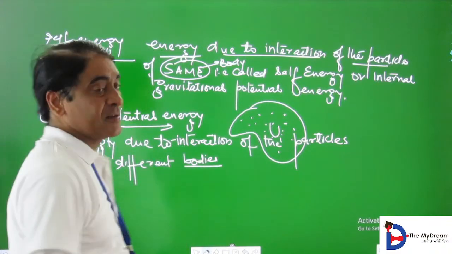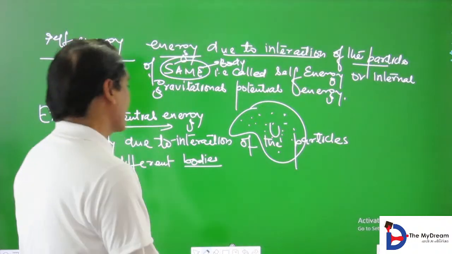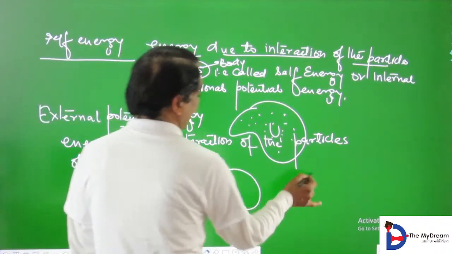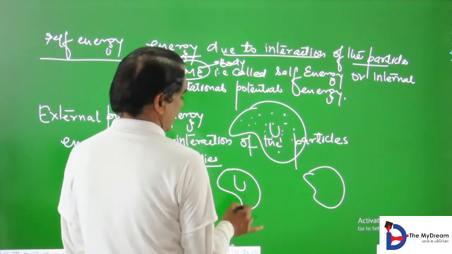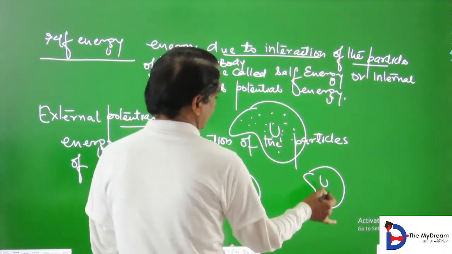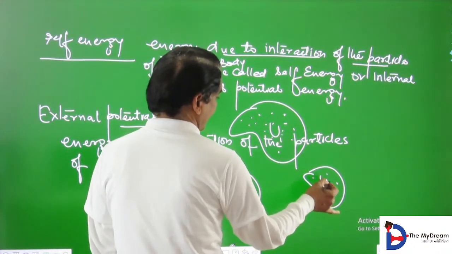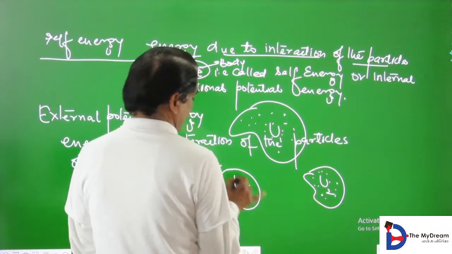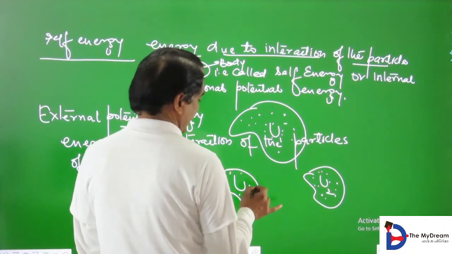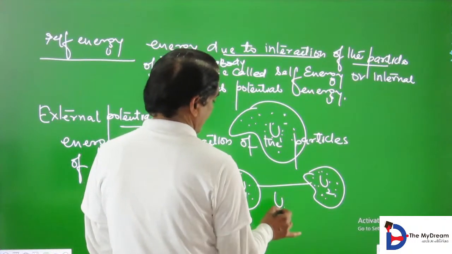That is called external potential. Suppose this one and that one, U1 and U2, the interaction between them is U.